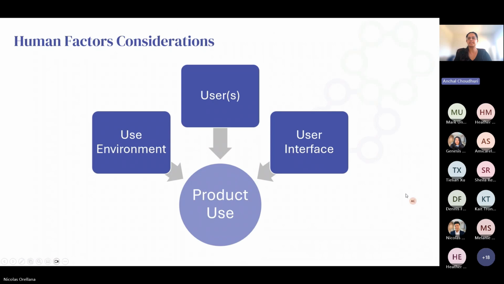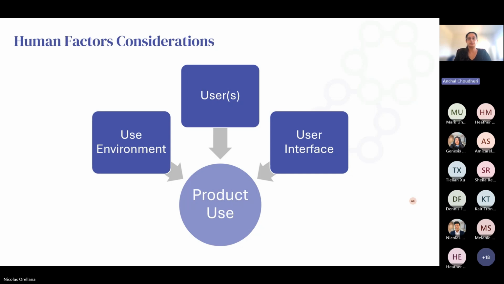So the first thing when considering human factors in the product design is to define the use environment, the user group or groups, and assess the user interface. The use environment includes the location, such as the home, hospital, or clinic, but it also includes things like the amount of light or noise that's present in the user's environment.